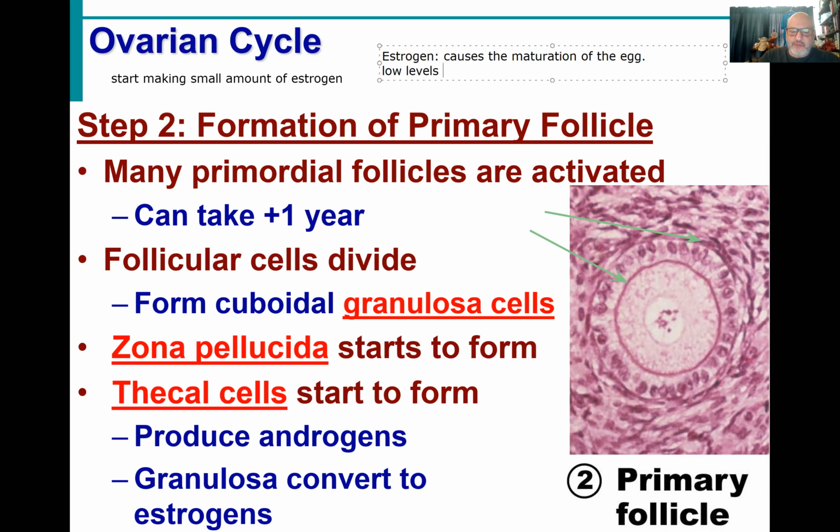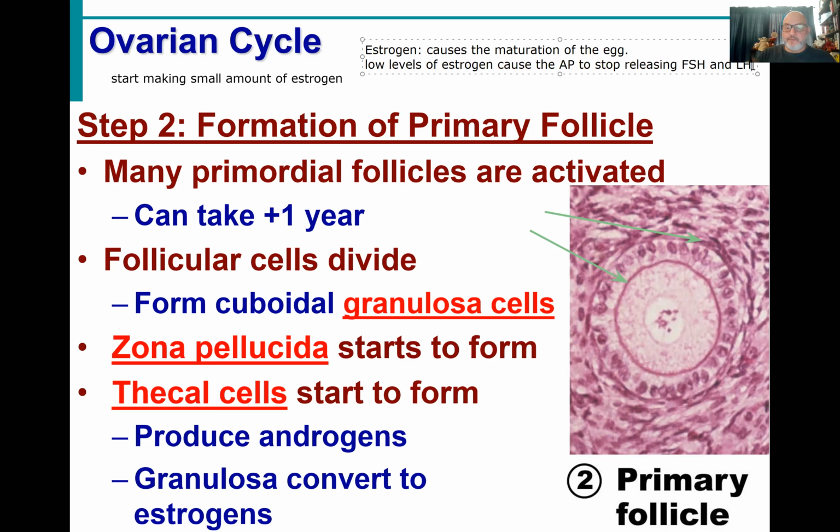Low levels of estrogen cause the anterior pituitary to stop releasing follicle stimulating hormone and luteinizing hormone. So they stop releasing them. Notice I didn't say stop making them.